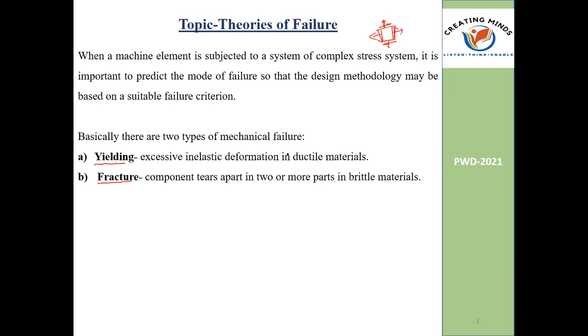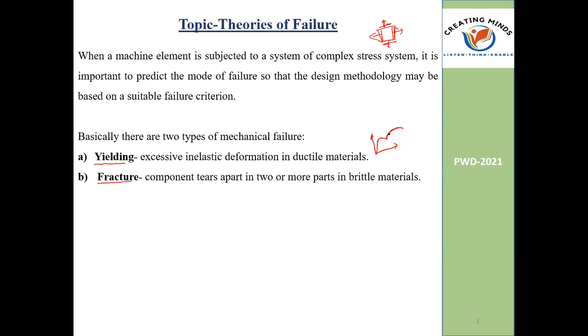Yielding means, see, an example is when you are testing mild steel under a universal testing machine. The stress-strain curve will give these salient features, like the elastic point, and also it will give some plastic limit, elastoplastic limit. Afterwards it will try to recover its original state.